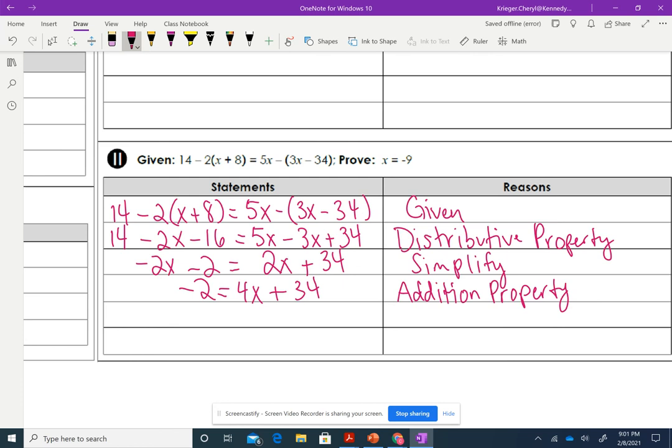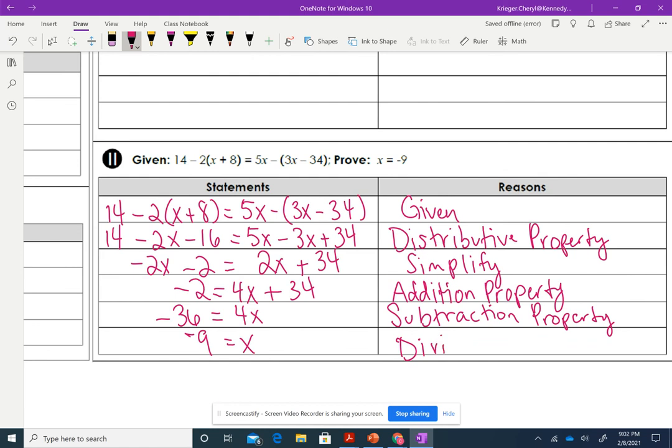Okay, and I'm going to solve for x by subtracting 34 on both sides. Negative 36 equals 4x. Subtraction property. And finally, divide by 4. So that gives me negative 9 equals x.